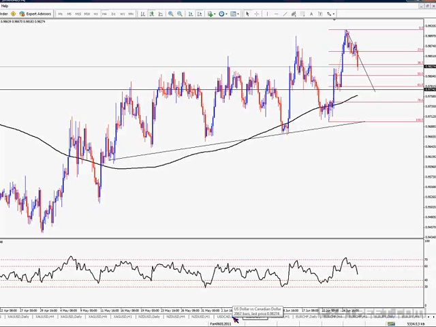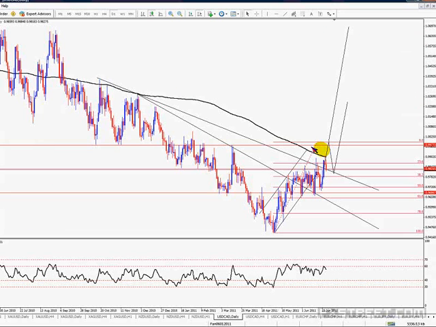All right, moving on. In the medium term, after we continue to attack this parity level, we will know if we can establish a bottom. Currently we are still below this 200 moving average.